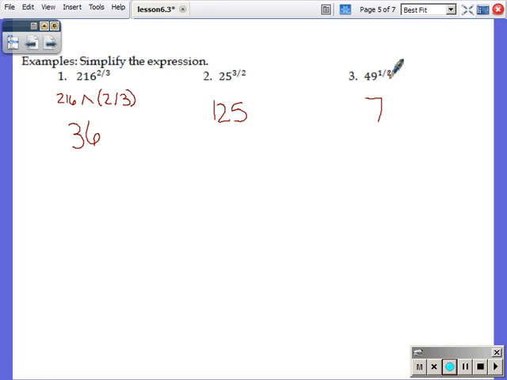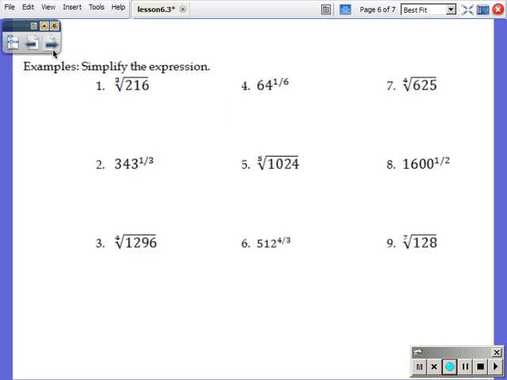This is the 2nd root, or the square root of 49, which is 7, to the 1st power. So that's where these answers actually are coming from. You can go back and forth between the buttons that you're using, the root button or your exponent button. Doesn't matter to me. If you like one of those buttons versus the other, that's fine. Go with it. I don't care what button you use.